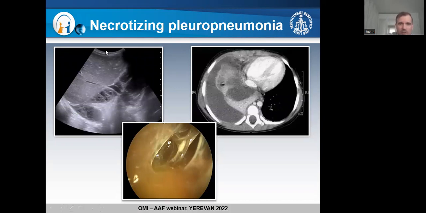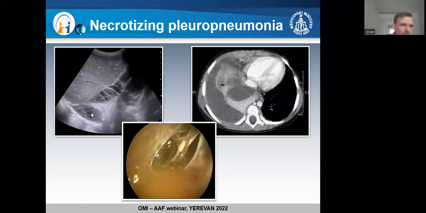And this is a very nice example. This is a patient that had both ultrasound and CT, and you can see that this consolidation on ultrasound corresponds to this one on CT, and on CT you can see this massive pleural effusion, and it looks homogeneous. It looks like you just need to put your chest tube in there and you will help your patient. However, this is why ultrasound is so important, because on ultrasound you can clearly see the pleural effusion is multiseptated, it's almost organized.